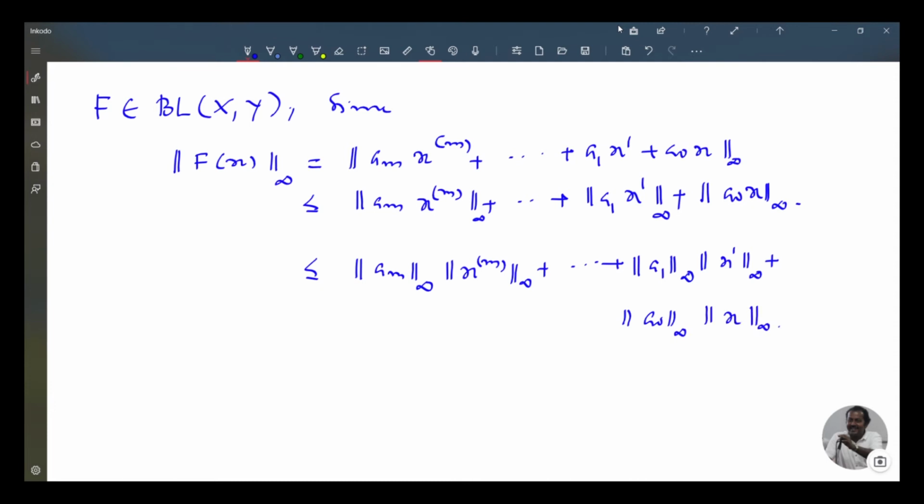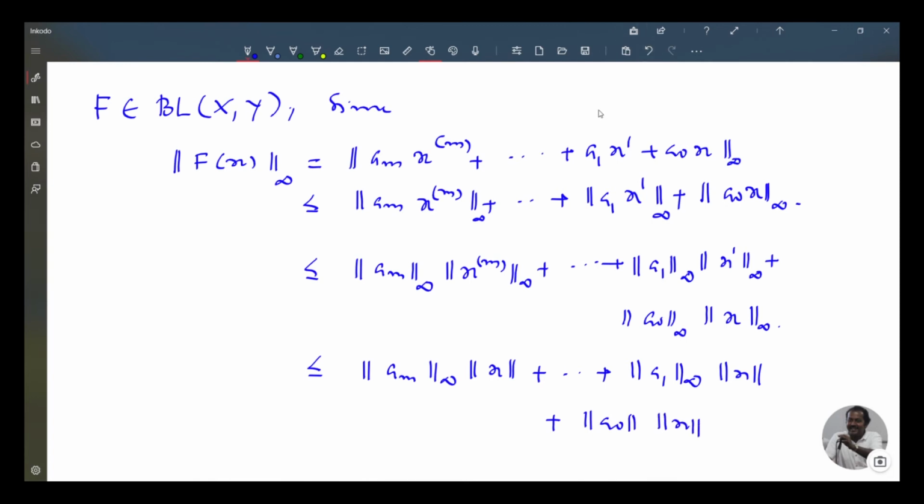And we have norm x is sup norm of x plus sup norm of x' plus etc. plus sup norm of the mth derivative of x. From that you will get this is less than or equal to sup norm of a_m into norm x, where norm x is sup norm of x plus sup norm of the first derivative of x plus etc. plus sup norm of the mth derivative of x, plus etc. plus sup norm of a_1 into norm of x plus sup norm of a_0 into norm of x.